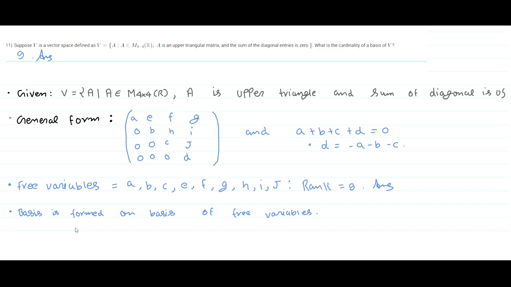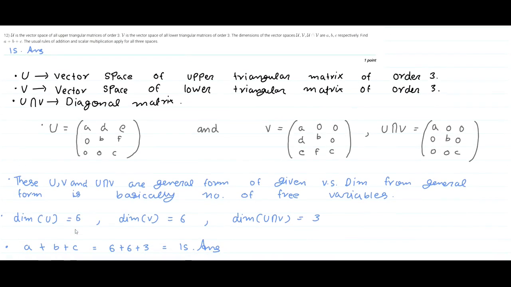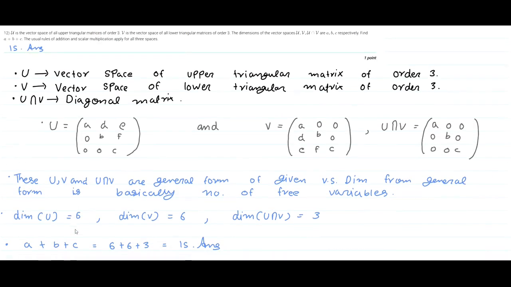Now let us see the last question. The last question basically says that U is a vector space of upper triangular matrices of order 3. V is a vector space of lower triangular matrices of order 3. The dimensions of vector spaces U, V and U intersection V are represented as A, B and C. We have to find the value of a plus b plus c.